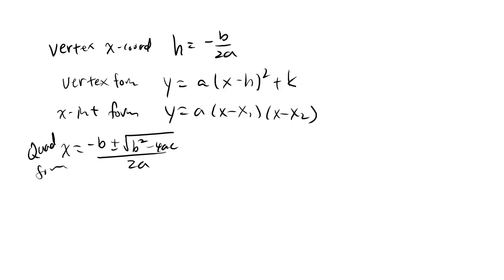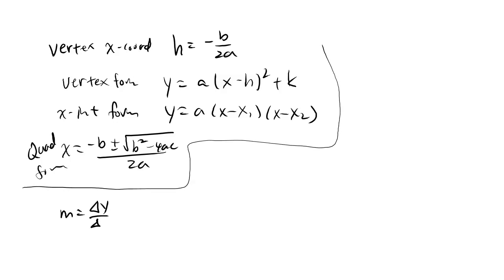And that's all I can think of in terms of quadratic functions. For the linear functions, m is change of y over change of x, and the point slope form. And I guess that's it. These are the formulas that you should absolutely remember.